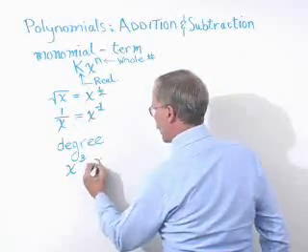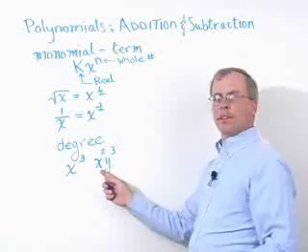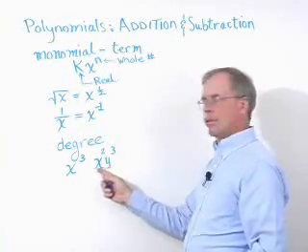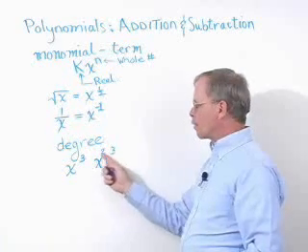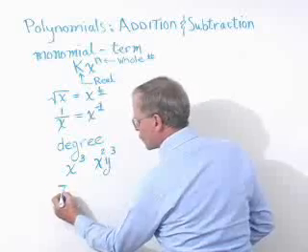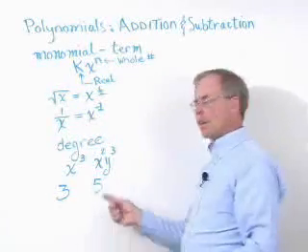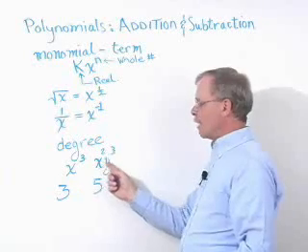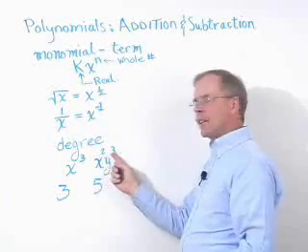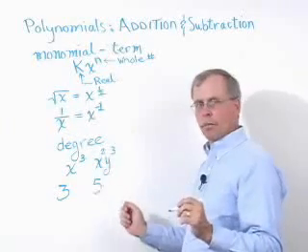If you had x squared y cubed, this is a monomial, and it has 2 variables, and its degree is 2 plus 3, or 5. So while this is degree 3, this is degree 5. So you can tell degree by adding the exponents, but only of the variables in a single term.